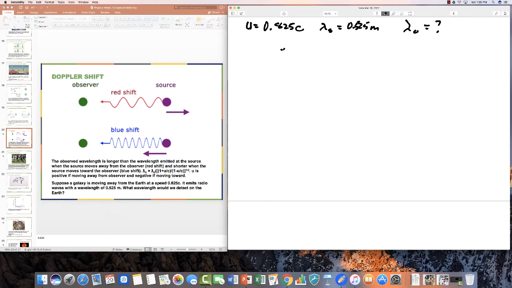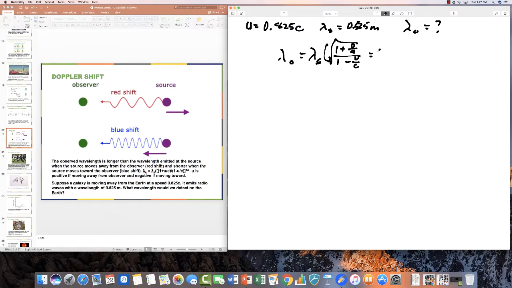The equation we need is the wavelength of the observed is equal to the wavelength of the source times the square root of 1 plus u over c divided by 1 minus u over c.